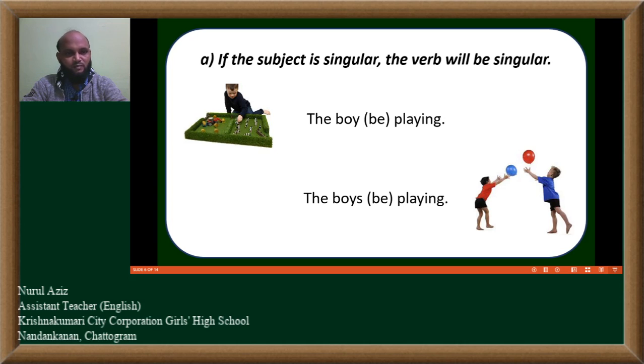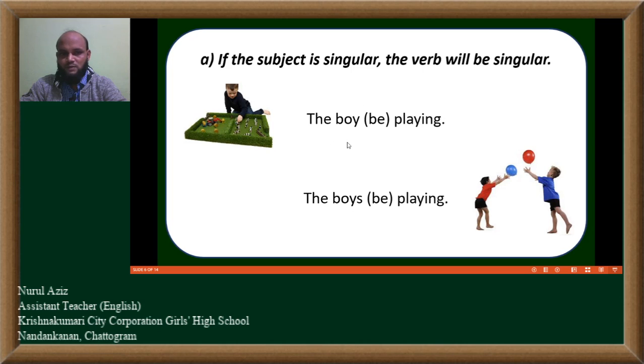You will find some images related with the sentences here. First one, if the subject is singular, the verb will be singular. So this is very common, this is very basic. You see here, the boy be playing, that means is playing now.